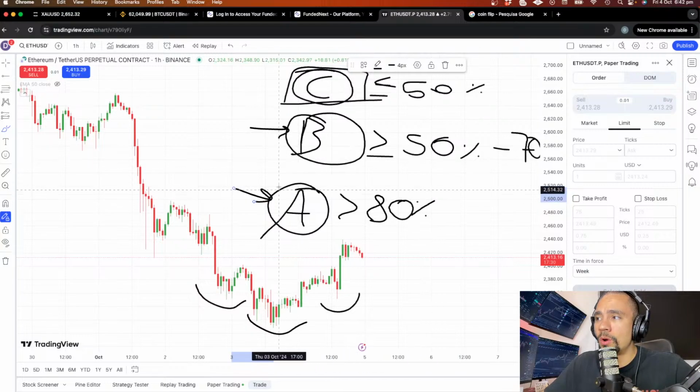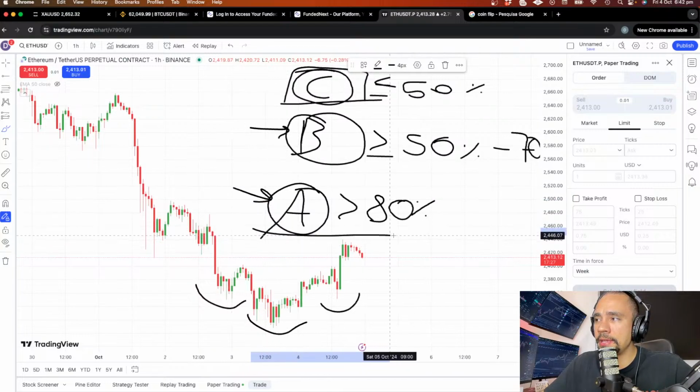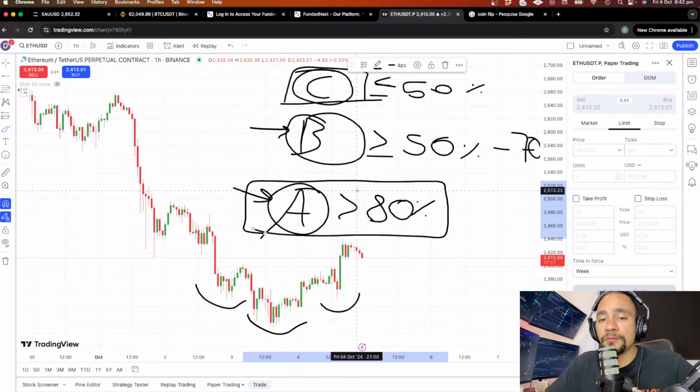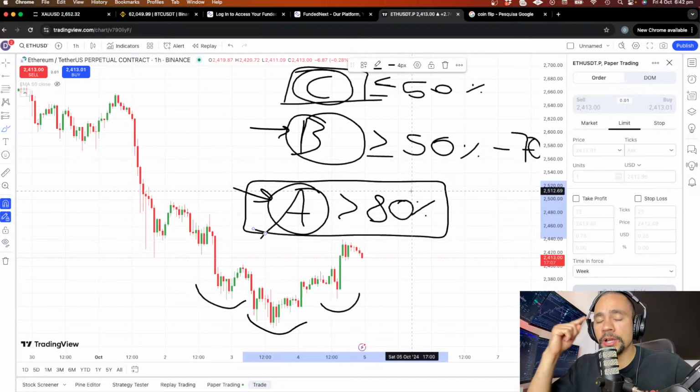Okay? Once you are on these As, mentally it's not going to be easy for you to manage that trade. It's going to be very stressful because you're going to be risking a lot of money and you're going to be afraid of losing that money. And the way to overcome that is to remember why you are putting so much money on the table right now. Just put a mantra in your head.